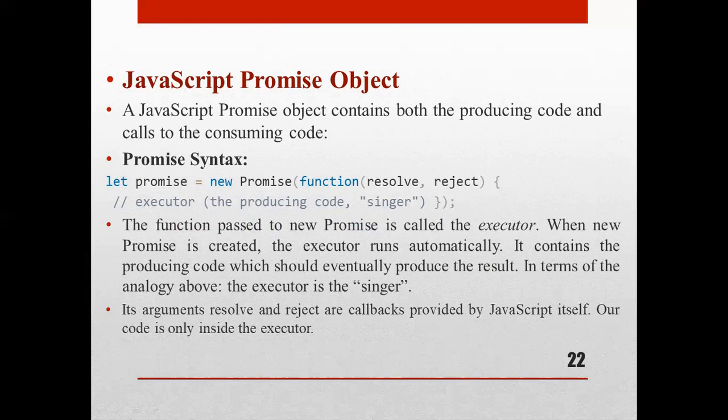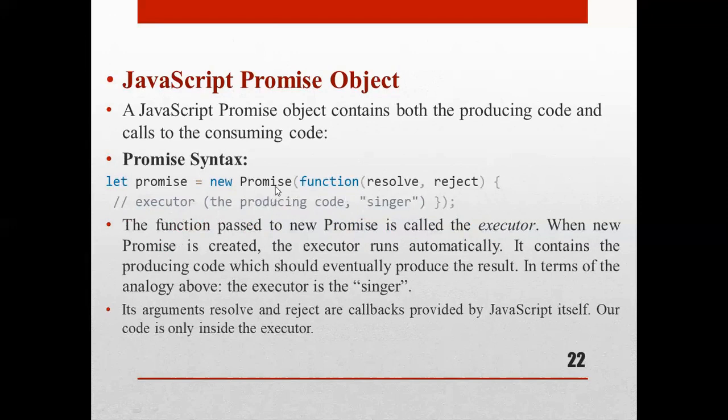In this case, that producing code is the singer, as we have seen in our example. The function passed to new Promise is called the executor.